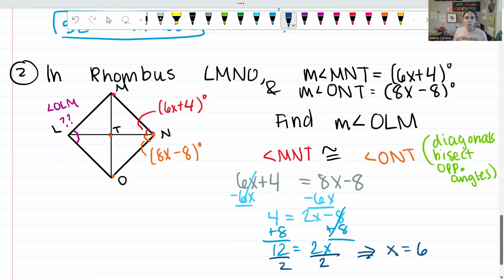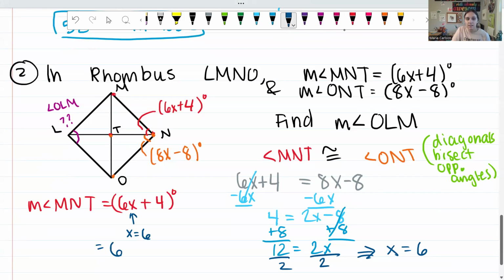So how does this help us? Well, I know the measure of angle MNT is 6x plus 4 degrees. And now I know that x equals 6. So this is 6 times 6 plus 4, which is really 36 plus 4, or 40 degrees.